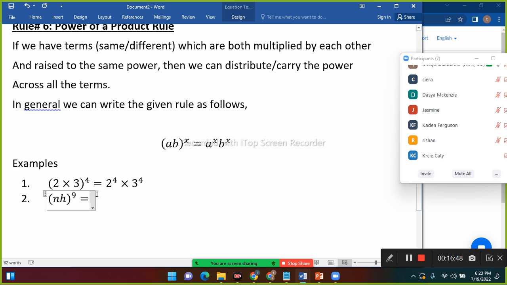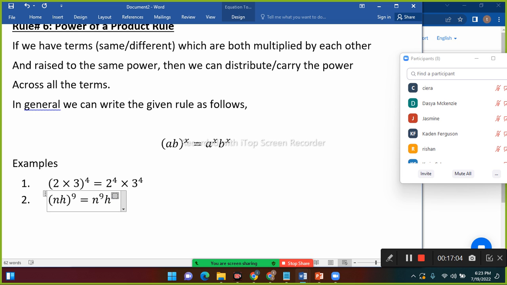Very good. So we have N to the power of 9 times H to the power of 9. And that's how we would expand that, or simplify it, or just say express it in a different way. So N to the power of 9, H to the power of 9. Right? So those are the natural extensions of the same question.